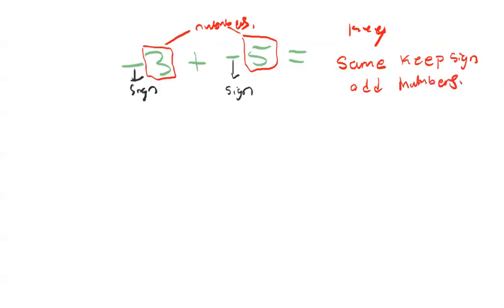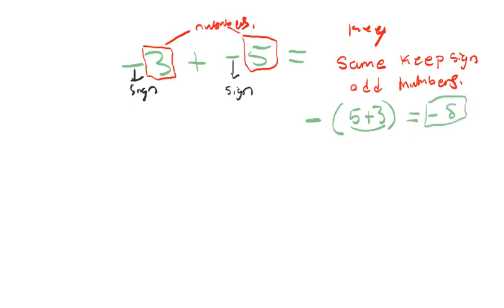So remember, the signs are the same, so what do we do? We keep the sign. The sign that we have is a negative sign. And we add the numbers. Remember, the numbers are 5 and 3. So 5 plus 3 is 8. We keep that sign, so it's -8.